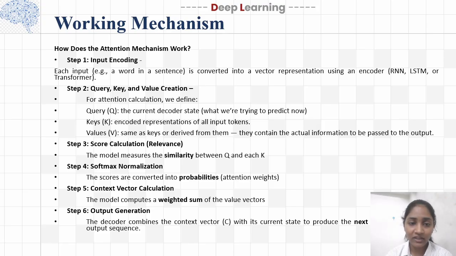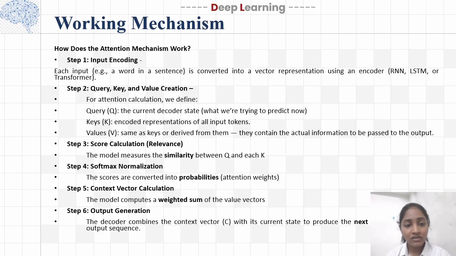Query is the current decoder step, what we are trying to predict now. Keys are the encoded representations of all input tokens. Values are the same as the keys or derived from them, and contain the actual information to be passed to the output. So these are the three fields.